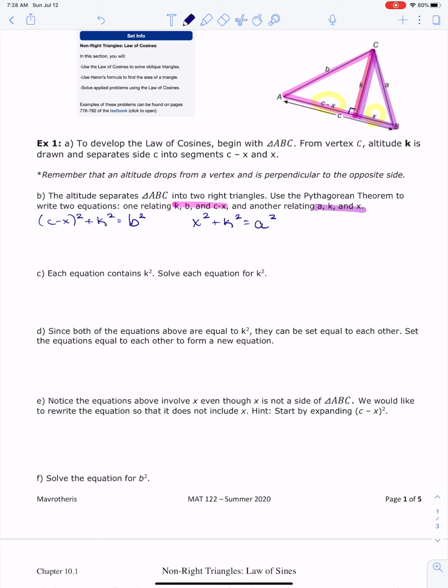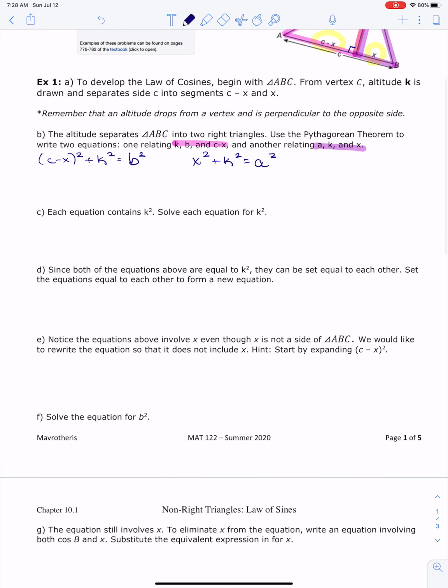So a little unsettling. I've got variables A, B, C, X, and K. Feels like a whole lot, but notice that both of these involve K, so we're going to solve each equation for K. So over here I have K squared equals B squared minus (C minus X) squared, and we're going to go ahead and multiply that out in a minute.